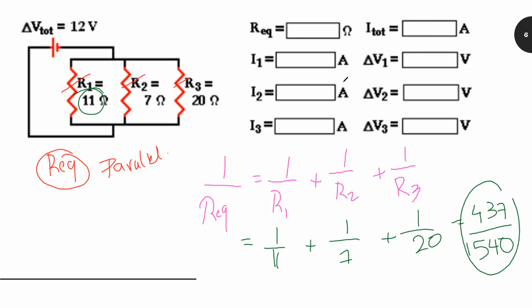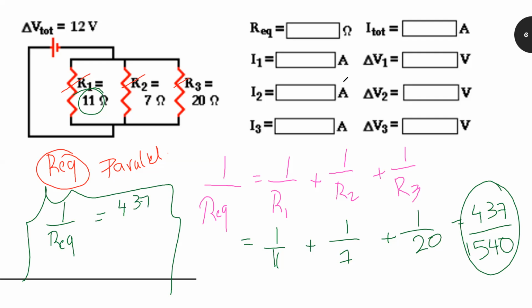Now this answer, 1 over R equivalent, is 437 over 1540. If I want R equivalent, I will write the reciprocal of this number.